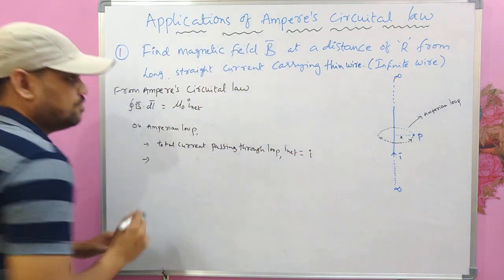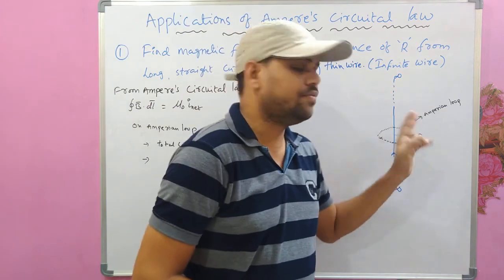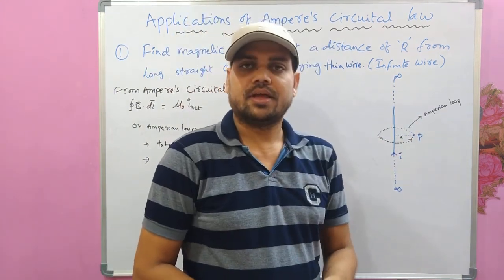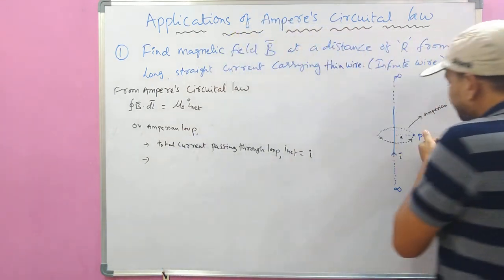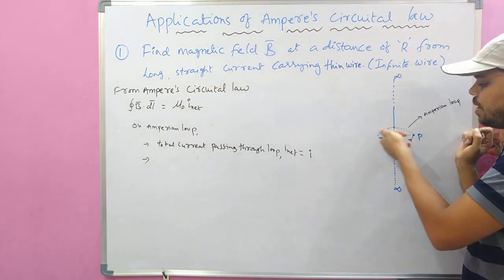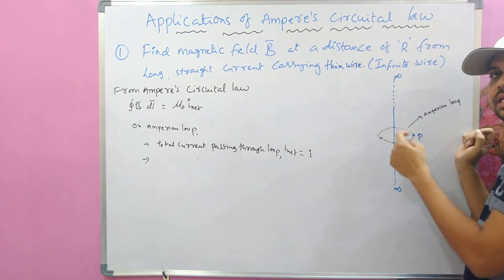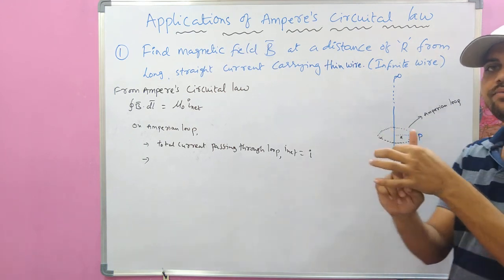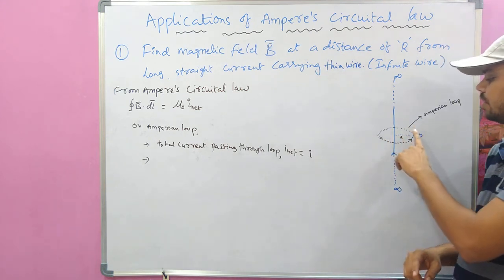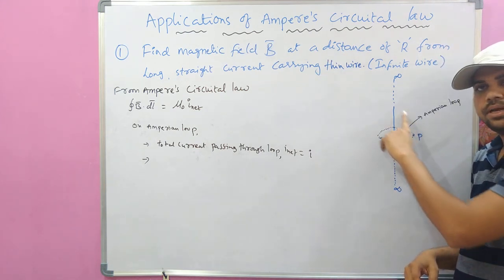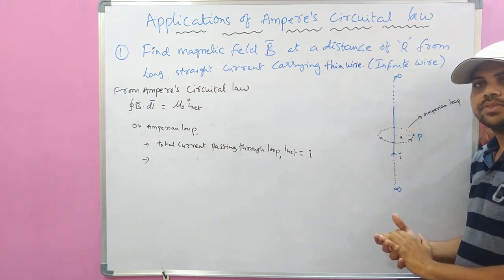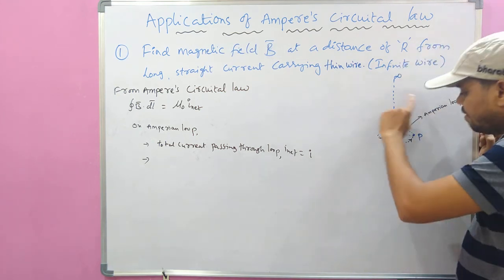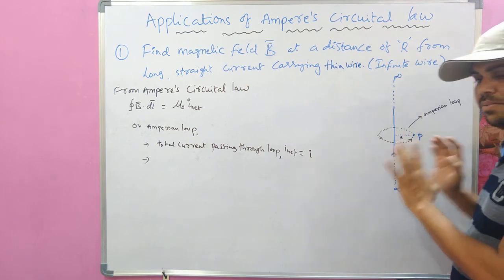The second point: what is the magnitude of the magnetic field on this loop everywhere? If you see, every point on this Amperian loop is equidistant from the wire, which means the magnetic field everywhere on the Amperian loop will be constant.